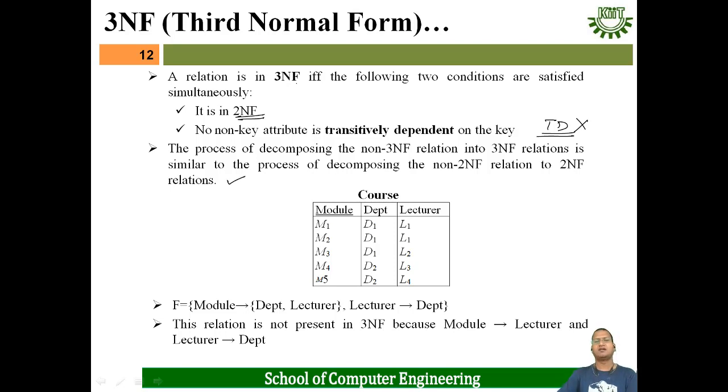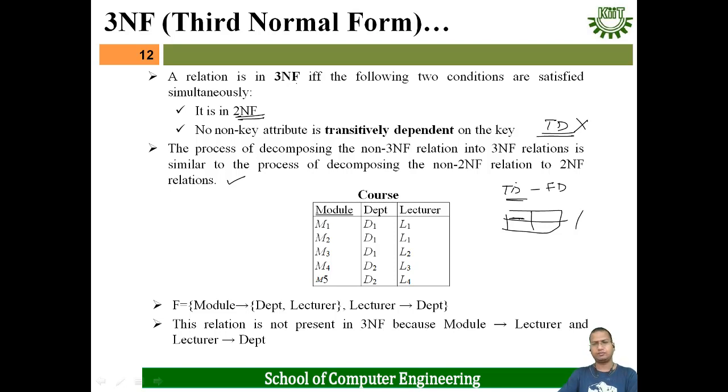What is the procedure? First of all, you have to find out the transitive dependency, the functional dependency. Then, from that transitive functional dependency, create one table, and the left-hand side part of that functional dependency will be the key of that table.